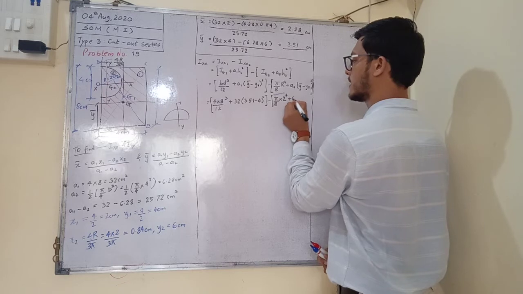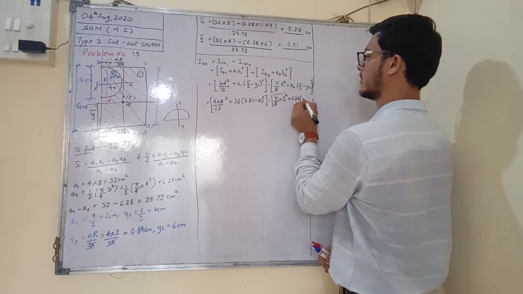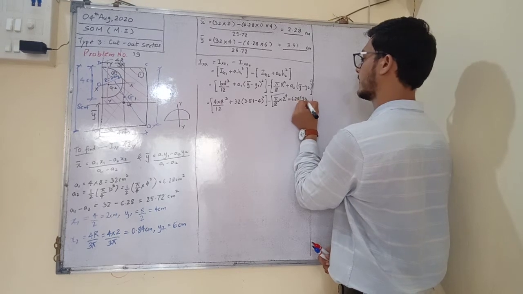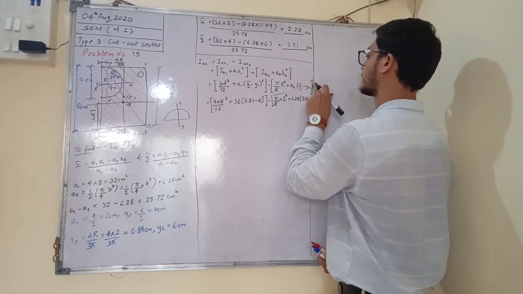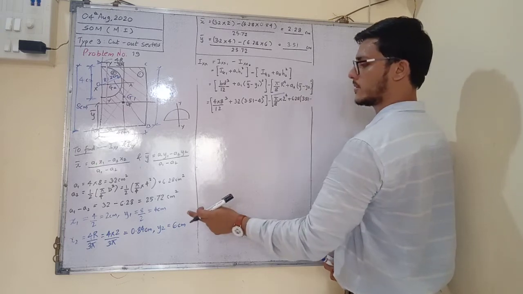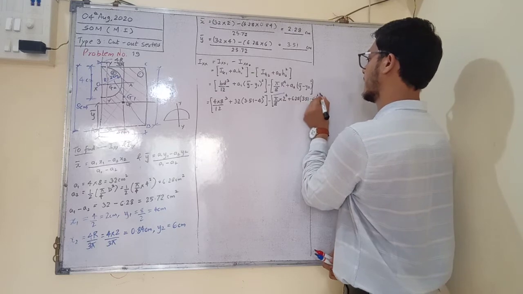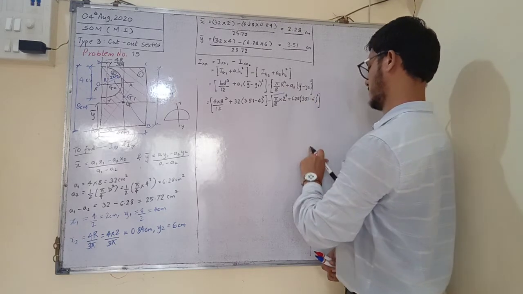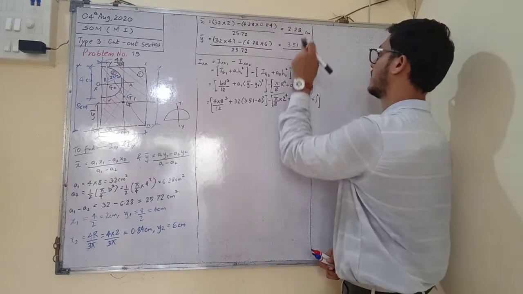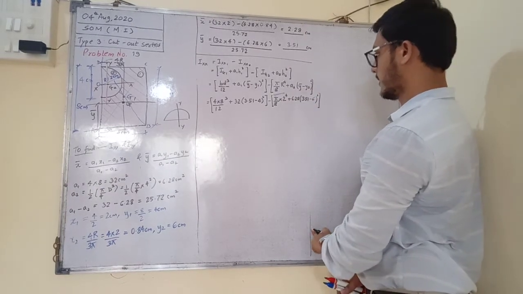A2 is 6.28. Again, y bar is 3.51 minus y2, which is 6 centimeter, 6 the whole square. Second square bracket closed. So we are here with both the square brackets.